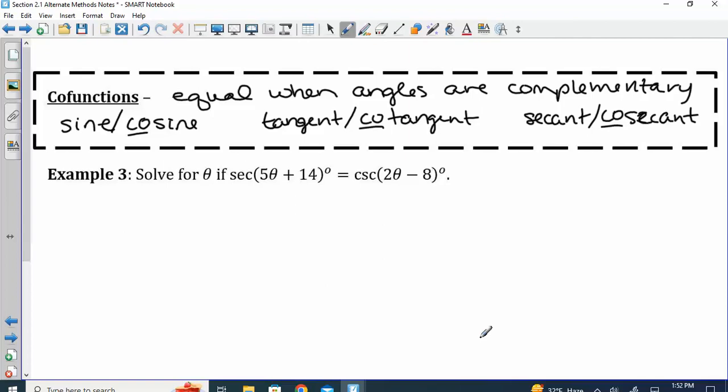So let's see. I'm asking you to find theta. And I have secant of 5 theta plus 14 equals cosecant of 2 theta minus 8. How would you find theta? What kind of functions are secant and cosecant? They are cofunctions. When are cofunctions equal? When the angles are complementary. What does complementary mean? So these angles have to add to 90.